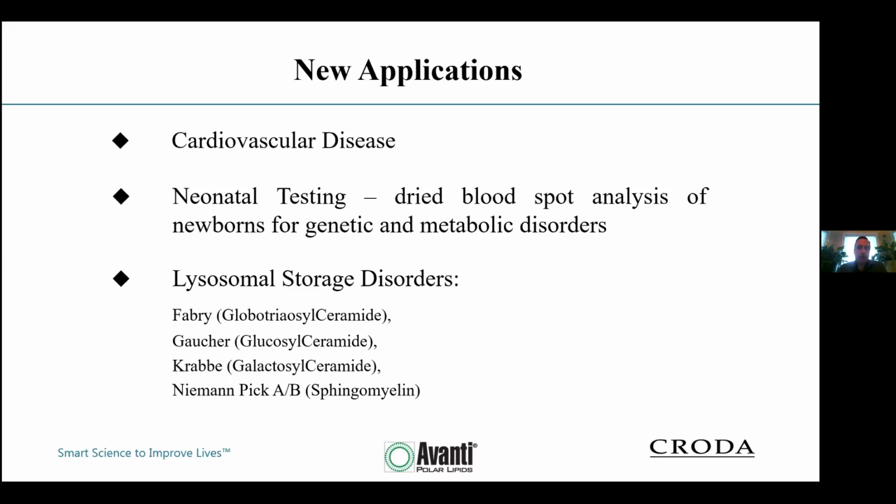Also, we wanted to look at the lysosomal storage disorders, things such as Fabry, Gaucher, Krabbe, or Niemann-Pick type A or B. And you'll notice all of these are associated with sphingolipids. You can see the ceramide, the glucosylceramide, the galactosylceramide, and the sphingomyelin that are implied there.